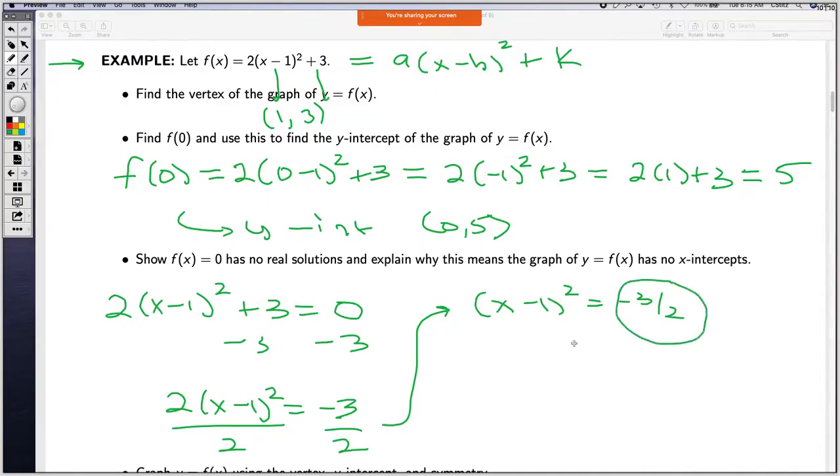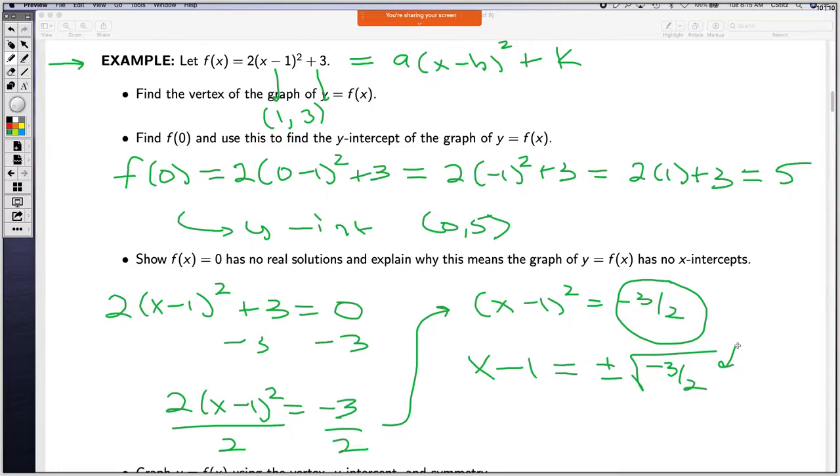That's a negative number. And you may recall that when you go to extract the square root of a negative number, that's no longer a real number, okay? Because anytime you square a real number, if you square a positive number, it stays positive. If you square a negative, it becomes positive.